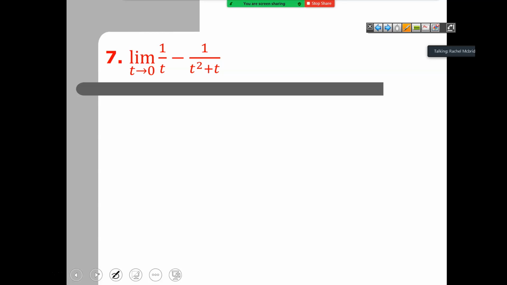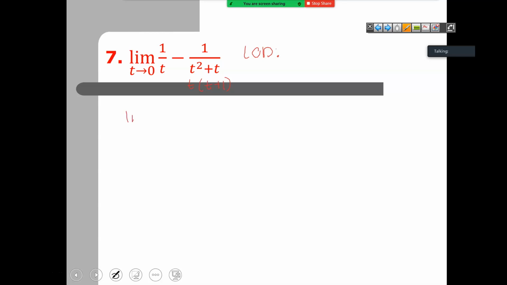You have to get a common denominator so you can group your fractions together. Okay, so my least common denominator is t times t plus 1. So then you need a t plus 1 over here. So they have an LCD of t squared plus t, or t times t plus 1.